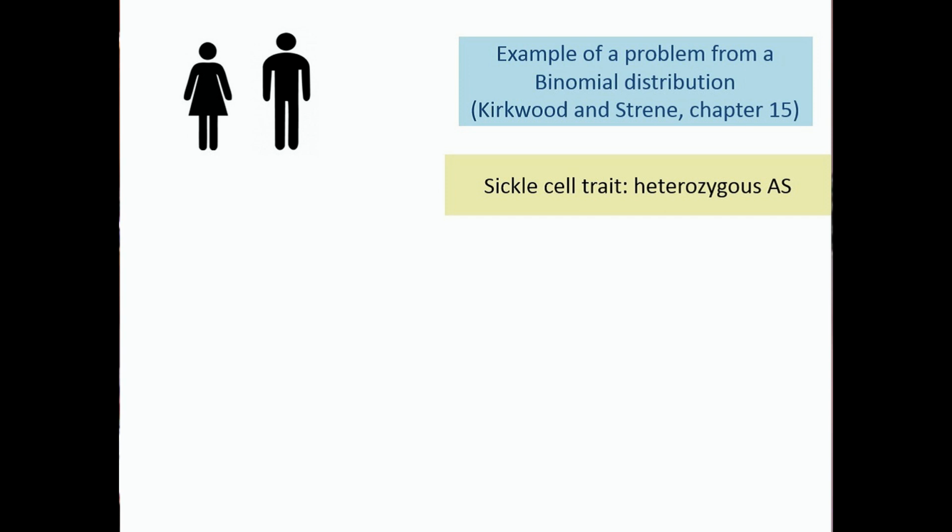A man and a woman both have sickle cell trait. They are heterozygous and both have probability 0.5 to pass the S gene to their children, independent of each other.